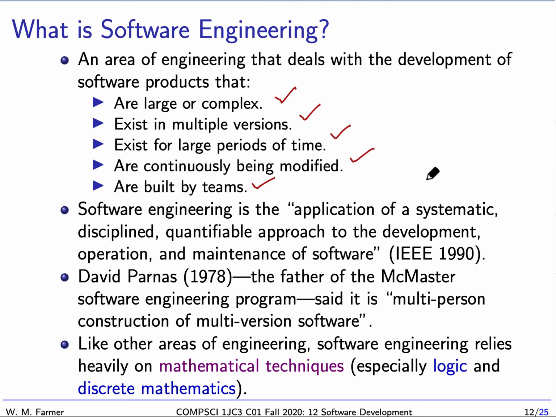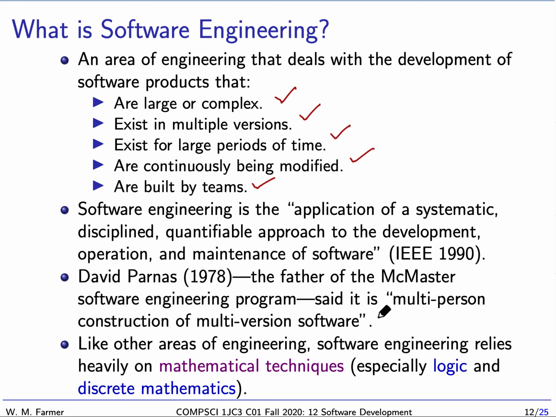Now, according to IEEE, software engineering is the application of a systematic, disciplined, quantifiable approach to the development, operation, and maintenance of software. That's the kind of definition you could give for any area of engineering. Now, we talked last time about David Parnas in '78, and I mentioned he's really the father of McMaster's software engineering program.